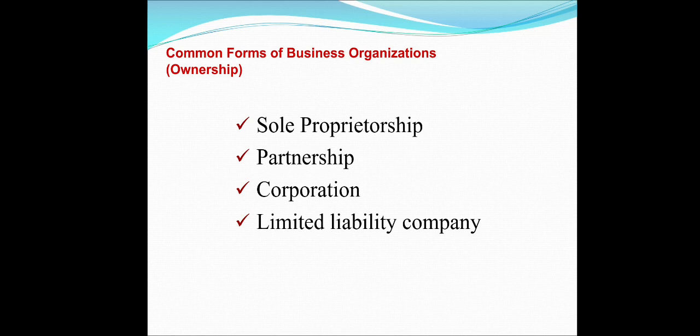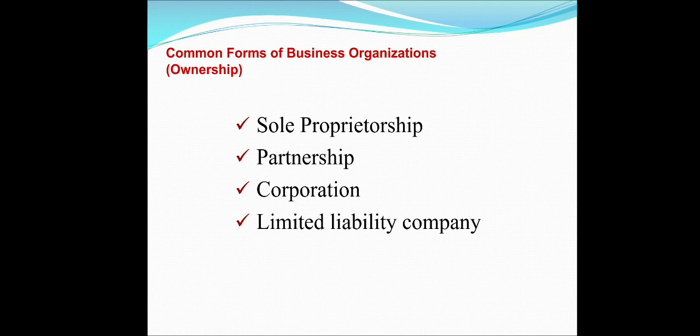The first category that we have discussed last week is according to the business activities. So if we look at the businesses in terms of activities, we can categorize them into 3 categories: service businesses, merchandising businesses, and manufacturing businesses.